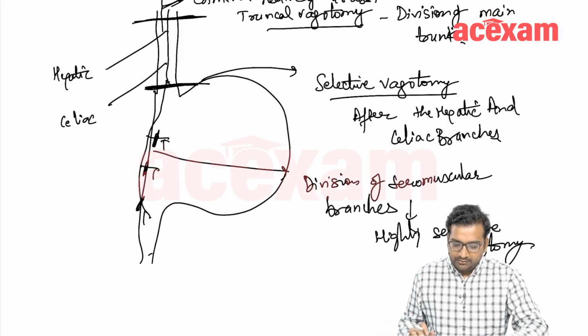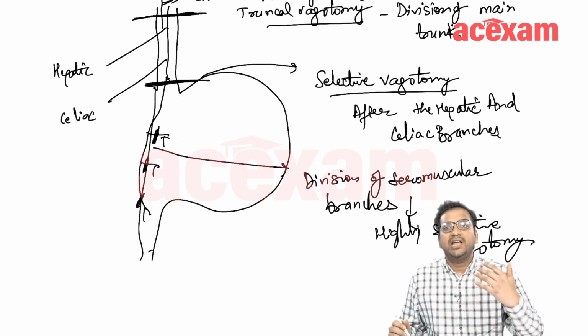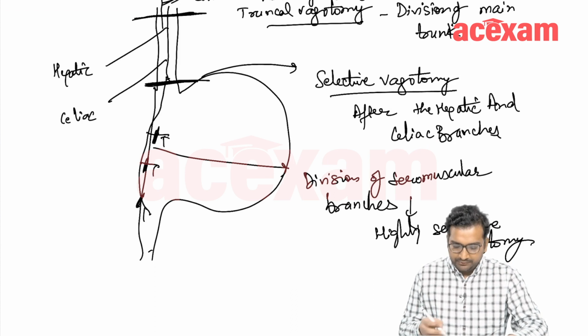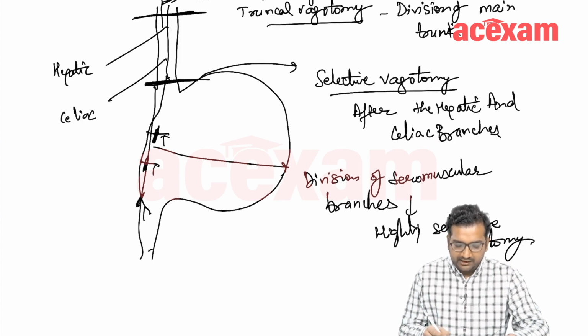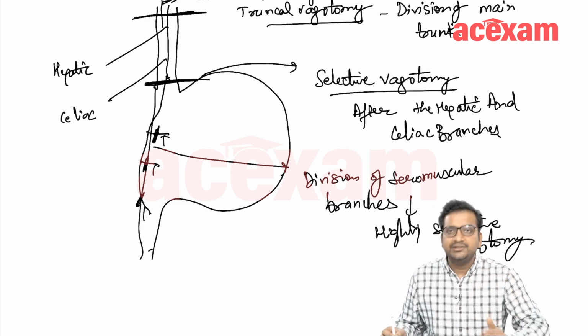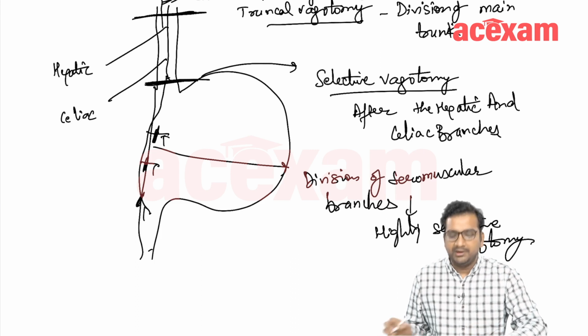Now comes the point: among these three vagotomies, which has the maximum reduction in acid output? As is obvious, truncal vagotomy will be the best in terms of reduction of acid output, but it is associated with more complications or morbidity.